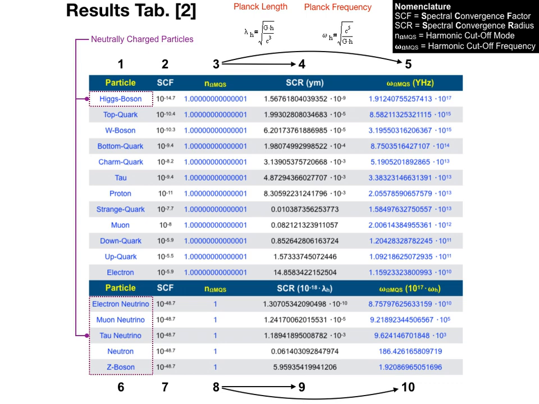The spectral convergence factor is a numerical guesstimate required to initiate the execution of the solution algorithm. This is a common technique utilised in the information technology space, so it should be familiar to many viewers. The reason it is termed the spectral convergence factor is because the quantum vacuum converges to a single harmonic mode, which can be seen by the results displayed in columns 3 and 8.